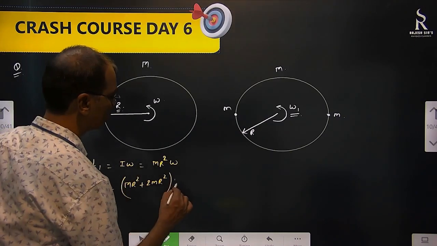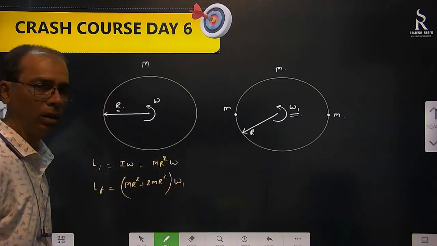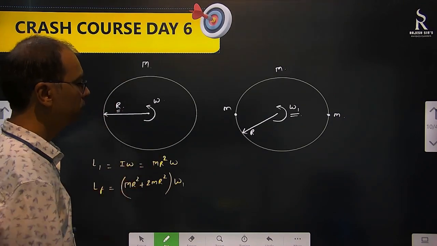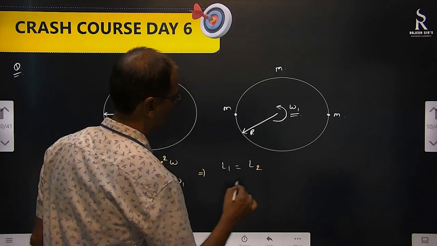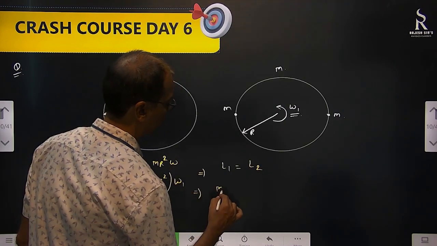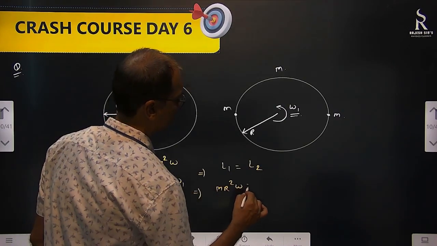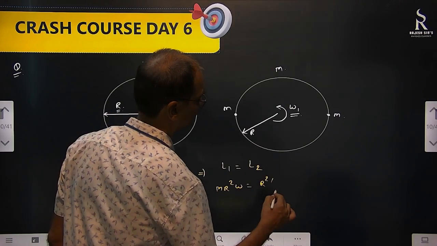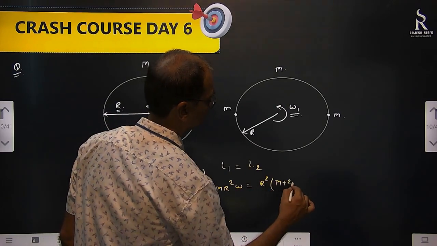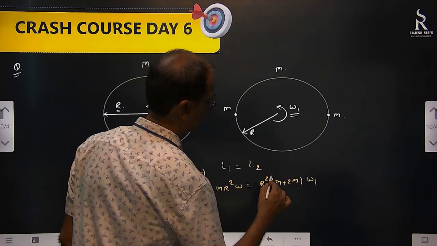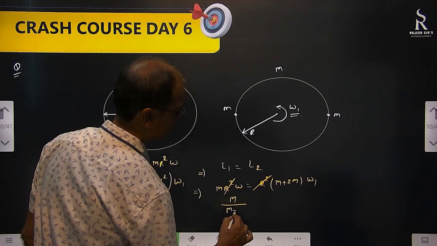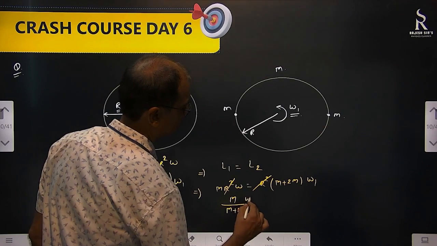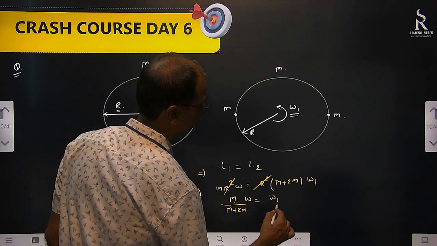This is omega 1. Then L1 equals L2. So mr square into omega equals (m plus 2m) r square into omega 1. r square cancelled. We get m by (m plus 2m) into omega. That's the omega 1 value.